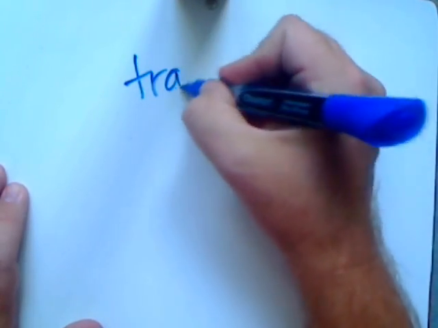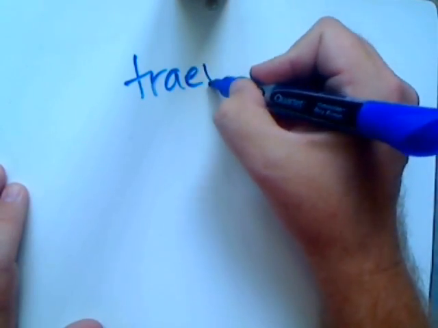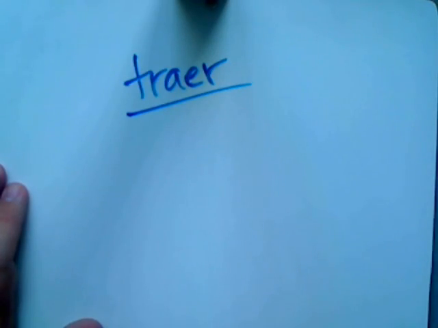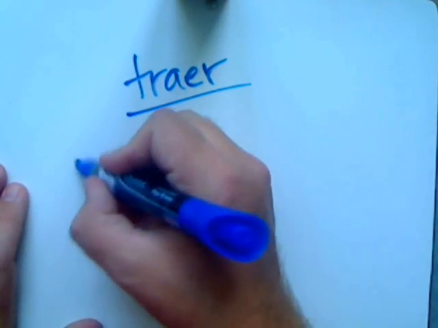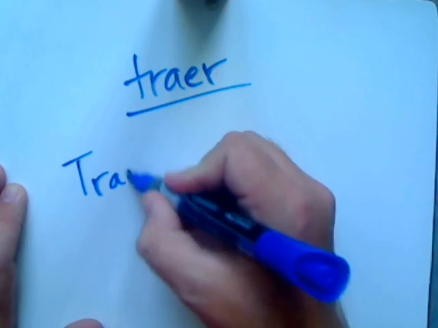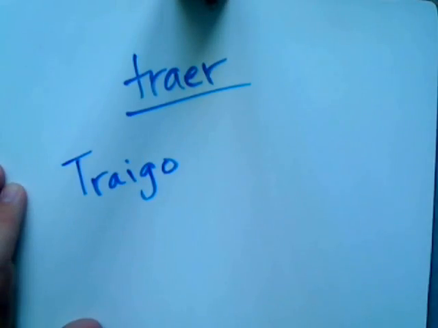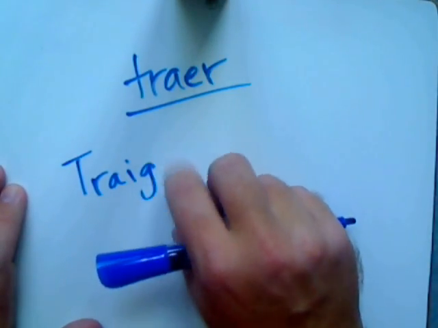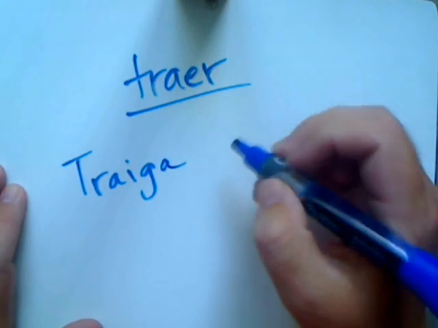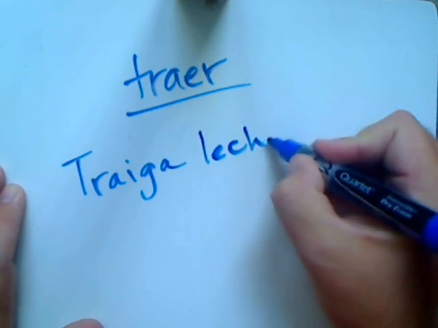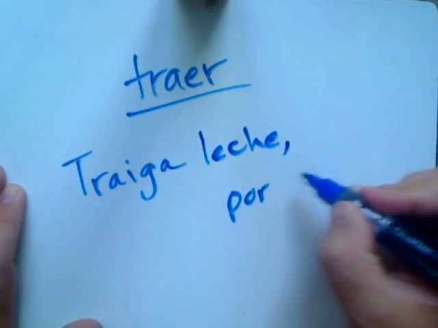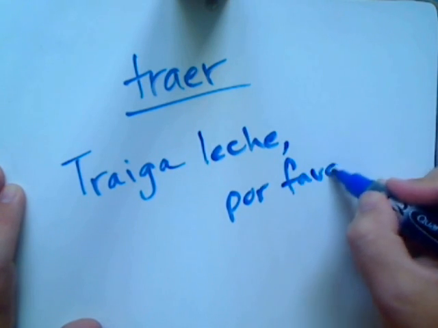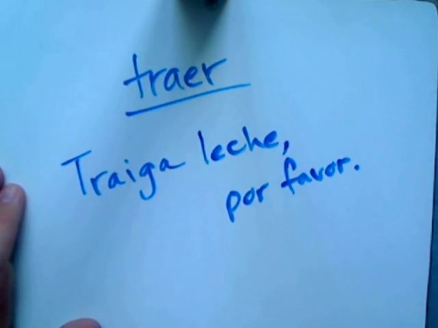One final example with another irregular stem verb. Traer. If I wanted to tell someone who's at the store or went out on an errand, bring some milk, please, I'm going to start with the yo form, traigo, and make it a command by saying, traiga leche, por favor. You can make it extra formal by adding, which is very common, por favor.